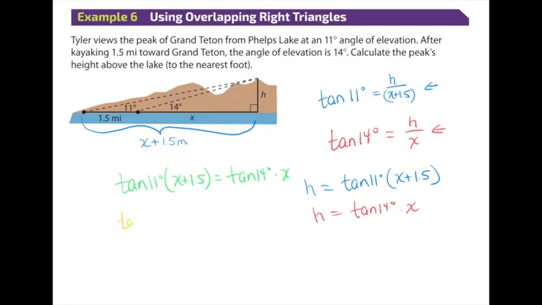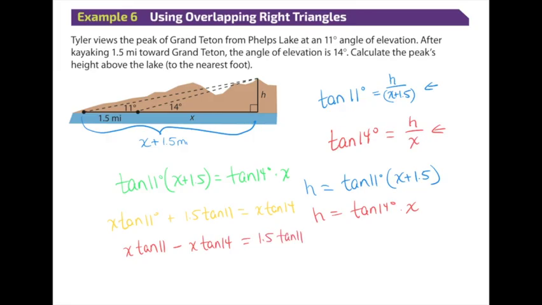So tangent of 11 degrees times x plus 1.5 times the tangent of 11 equals the x times the tangent of 14, right? X's to one side, variables to the other. So I'm going to move that over. X tangent 11 minus x tangent of 14 equals 1.5 tangent 11.